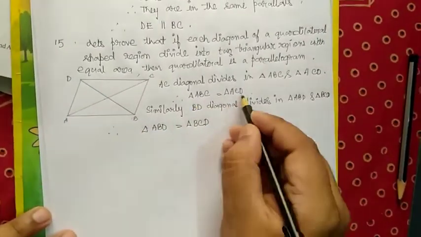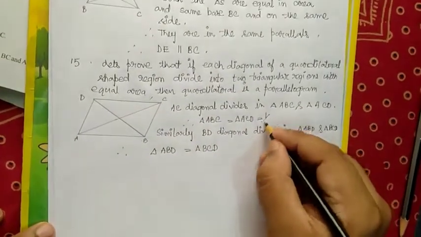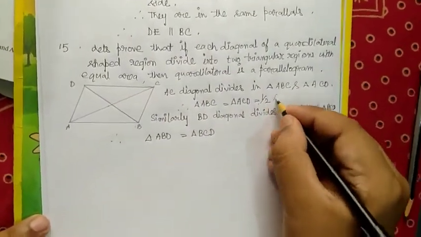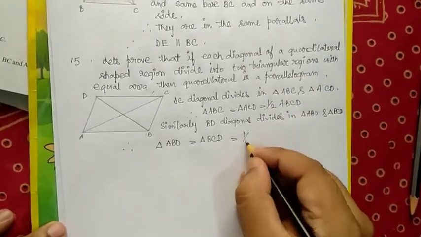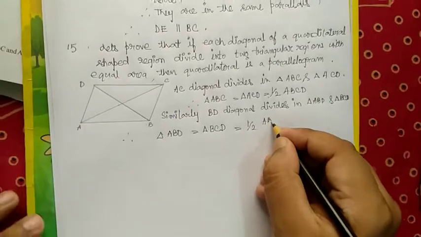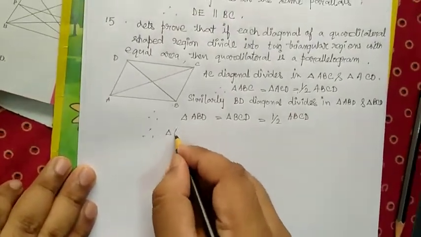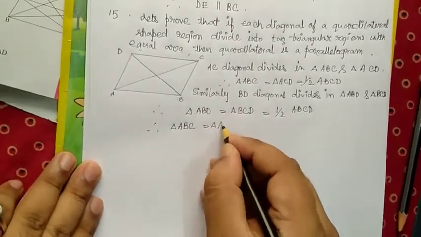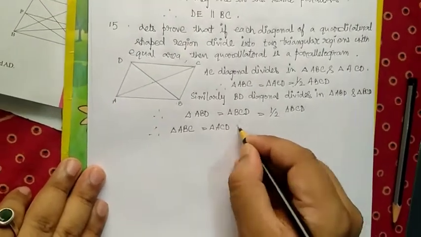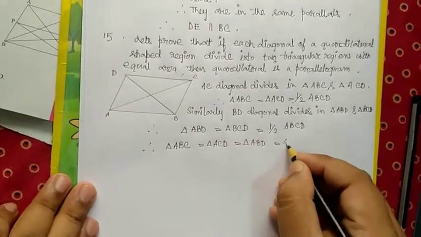So therefore these two areas are equal, so this should be half of ABCD, and this is also half of ABCD. So therefore we can say that triangle ABC equals triangle ACD equals triangle ABD equals triangle BCD.